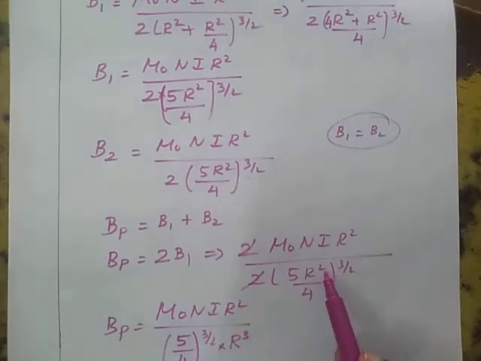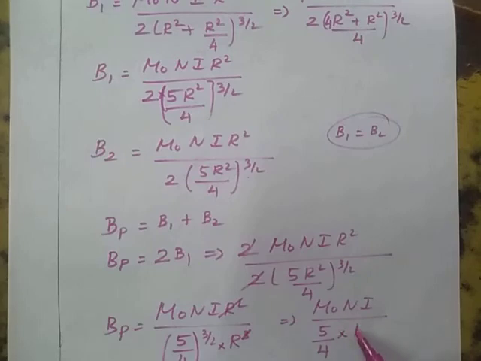The 2 cancels, then r cube, then r square, only one r is there, then we get mu naught N I by (5 by 4) power 3 by 2 into r.